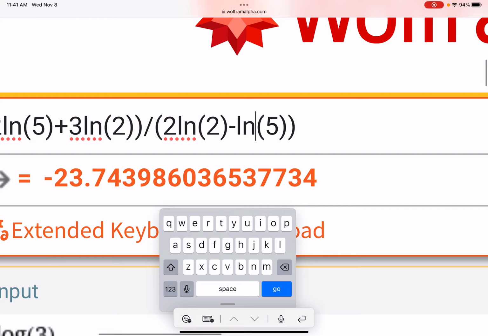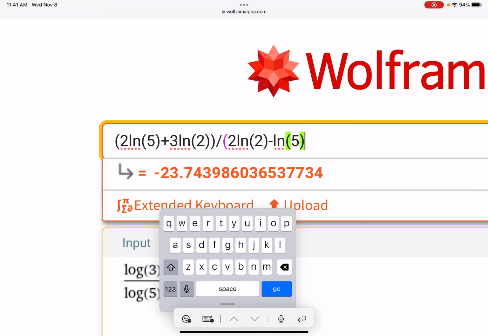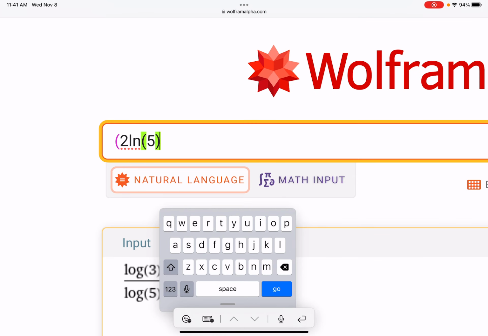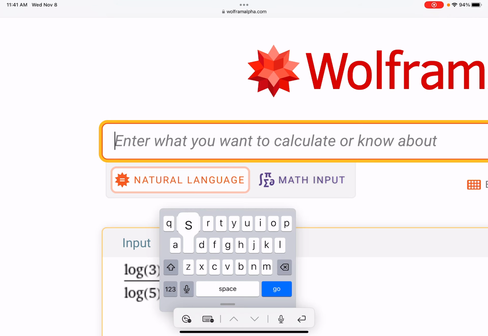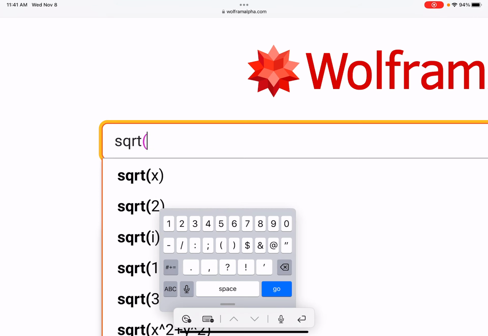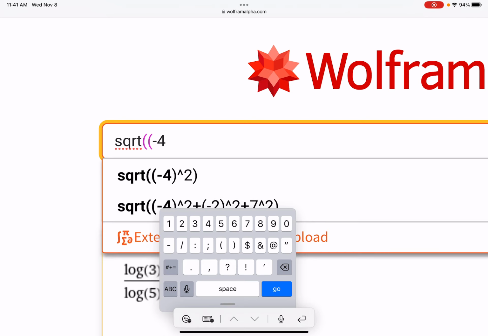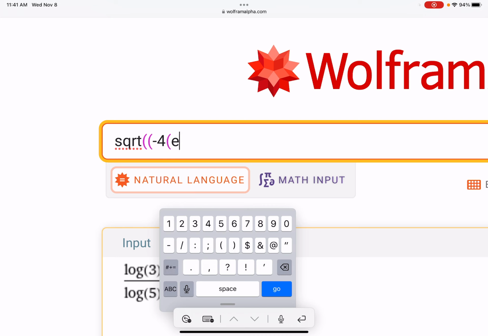If I go to my Wolfram Alpha and I type this in, I want to know what is the square root of, parentheses again, negative 4 times e squared minus 1, divided by 1 minus e squared.